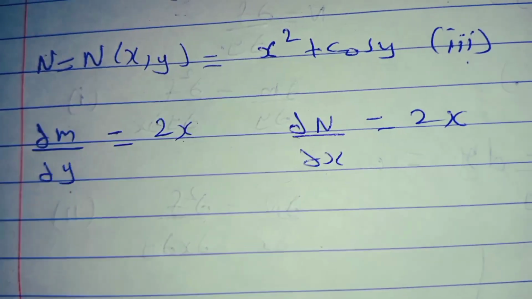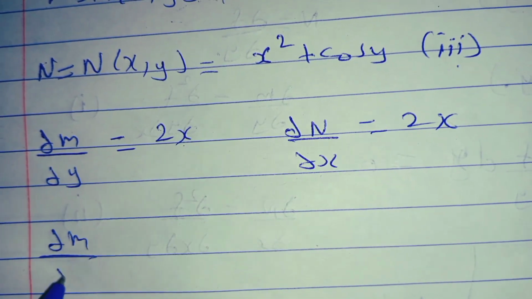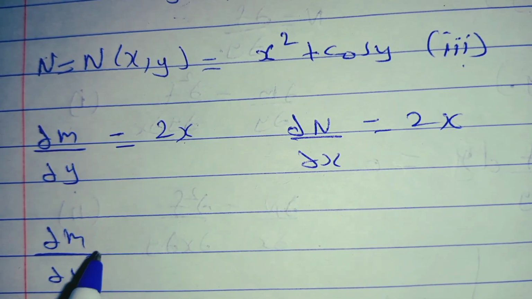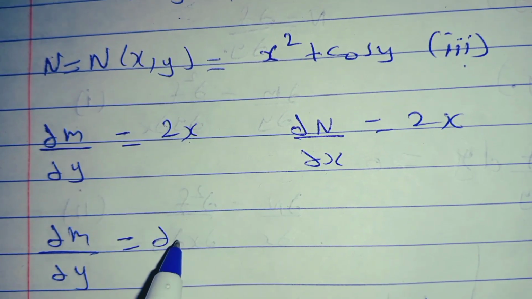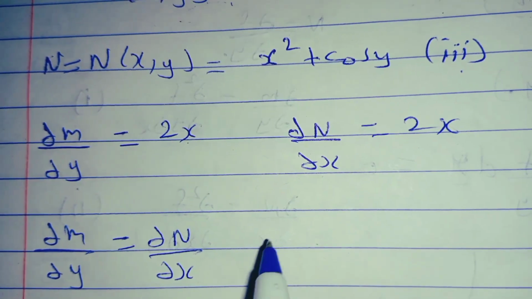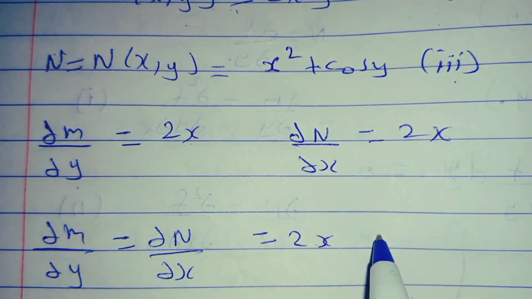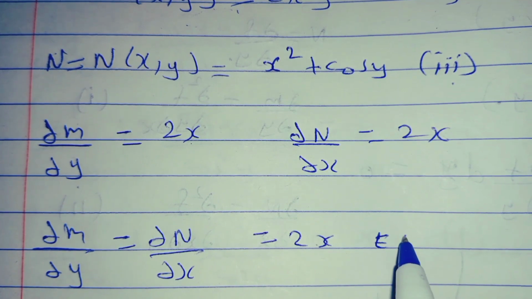Since the partial derivative of M over dy is equal to the partial derivative of N over dx, in our case 2x, it means our differential equation is exact.